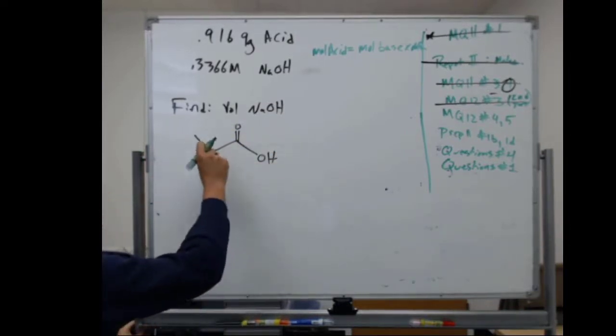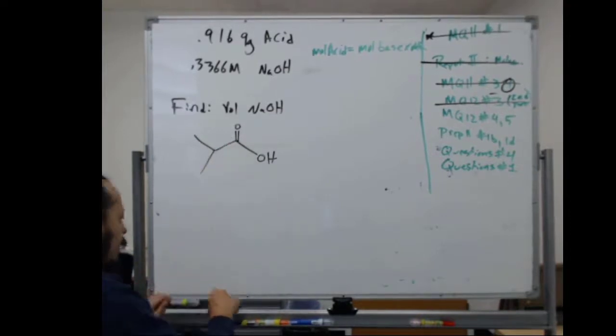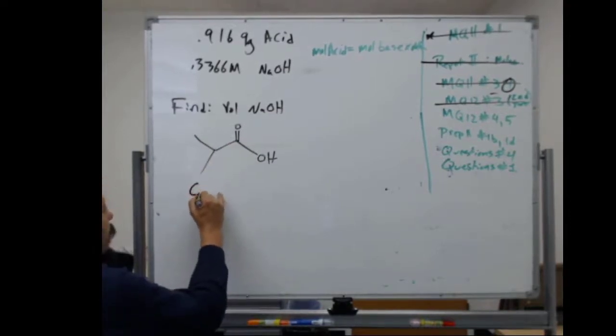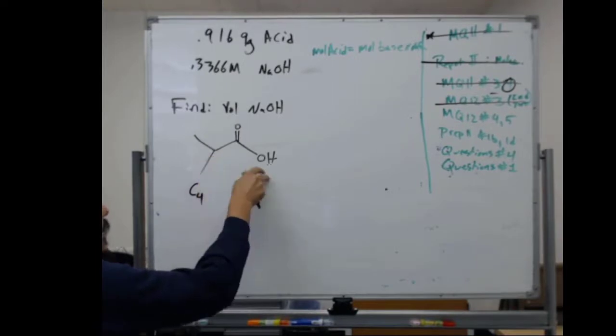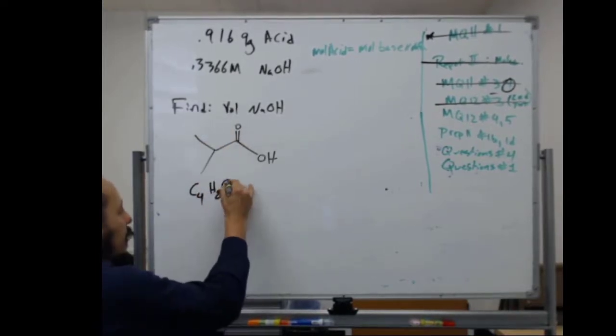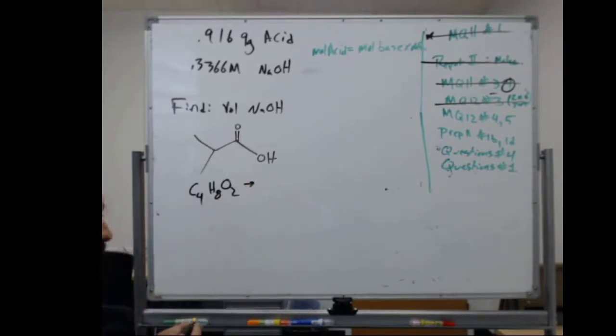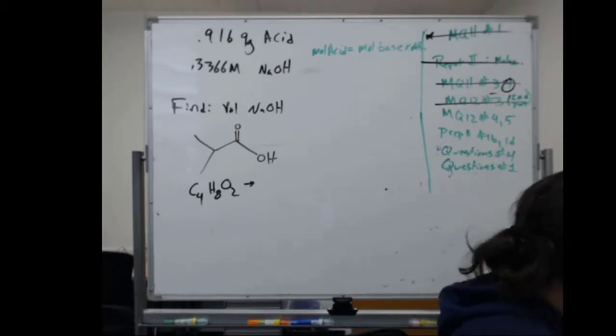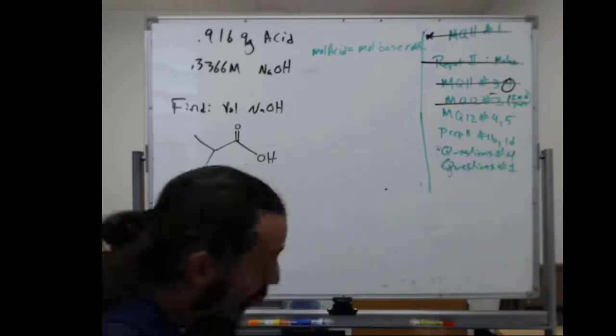So that's 1, 2, 3, 4 carbons. 3, 6, 7, 8 hydrogens. 2 oxygens. That's going to have a molecular weight associated with it. Okay, calculator's out.